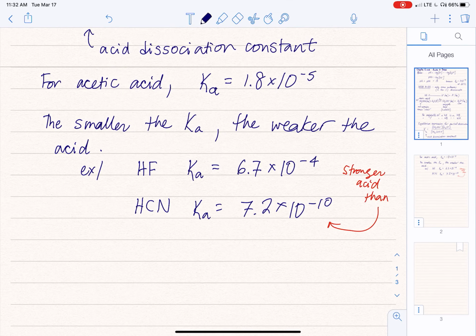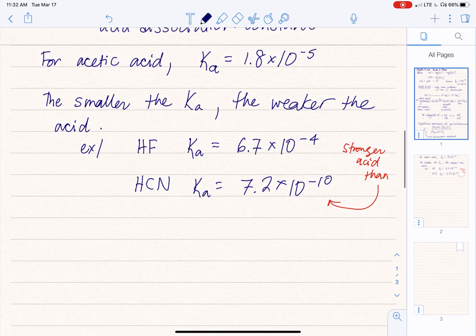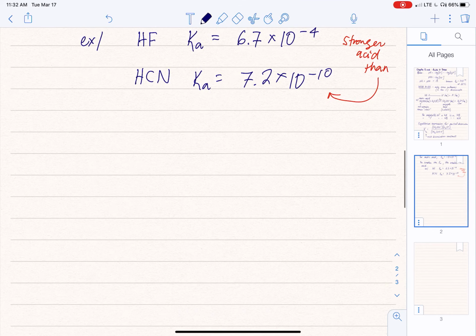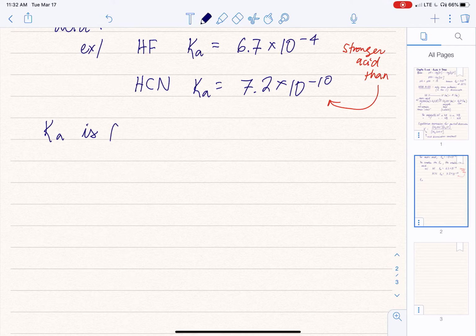So the Ka values give us a useful gauge of how strong an acid is, or how much the equilibrium is going to be driven in the forward direction. So how do we get all these Ka values? Well, Kas have been determined experimentally, and they've been tabulated for your calculating pleasure.